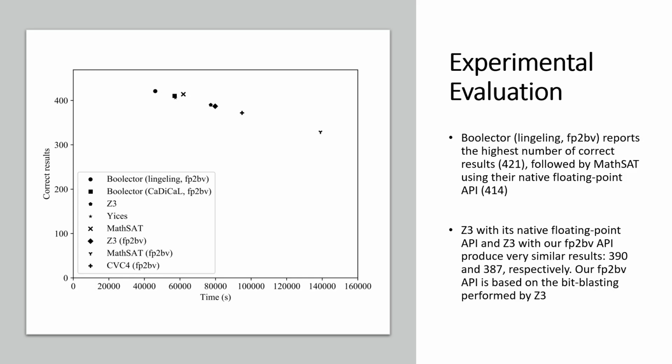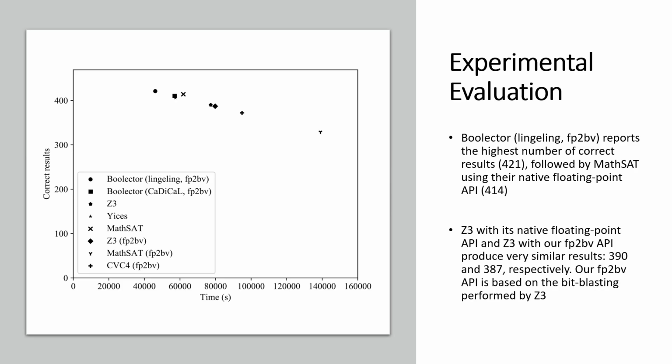The number of variables and clauses generated in the CNF format when using Z3 with its native floating point API is around 1 to 2% smaller than the number generated when using our FP2BV API. The smaller number explains the slightly better results. We assume this is a result of optimizations when Z3 performs the bit-vector simplifications internally.